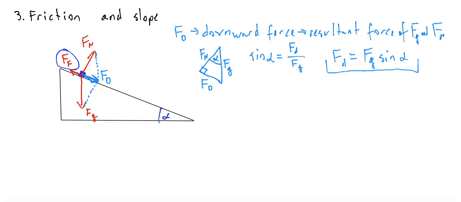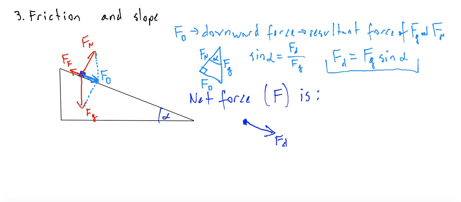So the overall or net force, I'm going to use the symbol F, is: we have the downward force, which is the resultant force of Fn and Fg, and we must subtract friction, which acts opposite to the direction of motion.